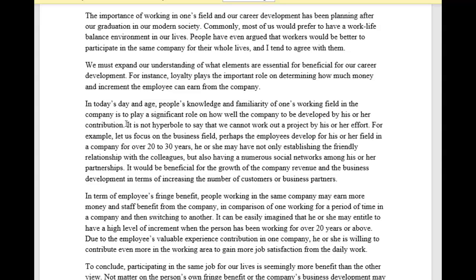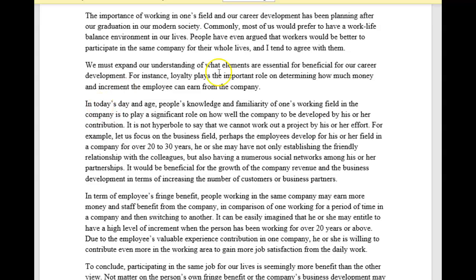I'm going to clean this up grammatically. Let me see if I can try to do it. "Nowadays, an employee's knowledge of his or her working field plays a major role in how well the company grows with his contribution." I mean, that's kind of what you're saying, but you can see that even with my rephrasing, it sounds a little awkward.